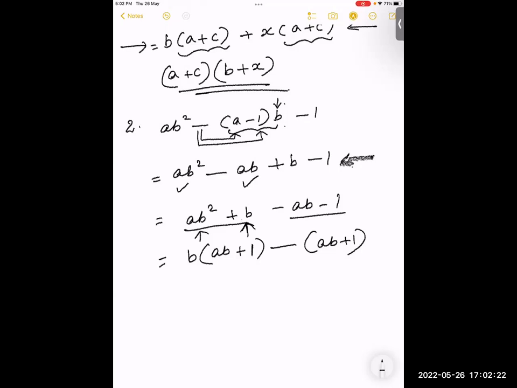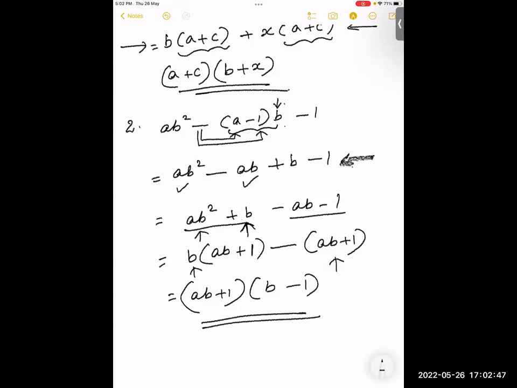When I expand, it becomes negative AB minus 1. Now I have AB plus 1 common. Take it out. What is left here? Only B. And what about here? 1. So it becomes B minus 1. So this is the answer.